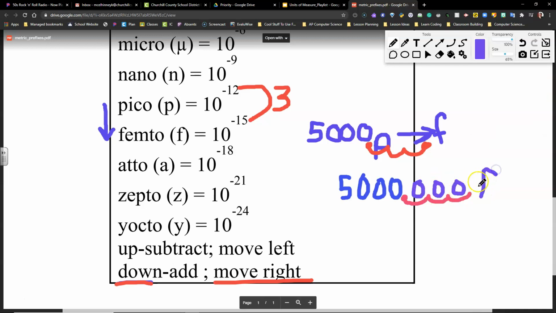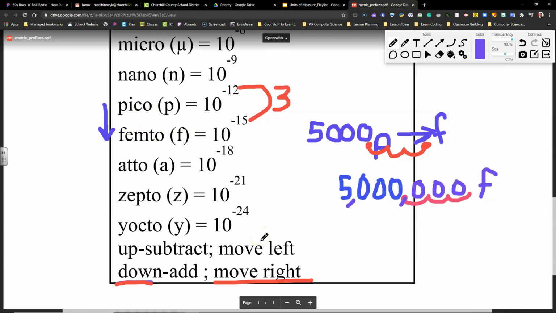And my prefix is femto. So that's 5 million femto. If I had 5,000 pico, that's equal to 5 million femto.